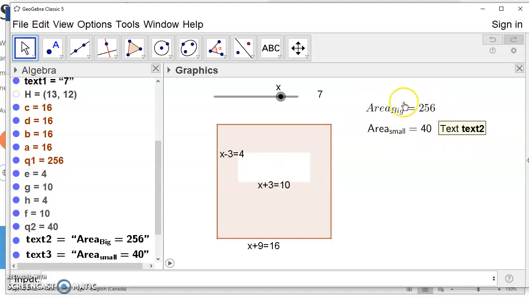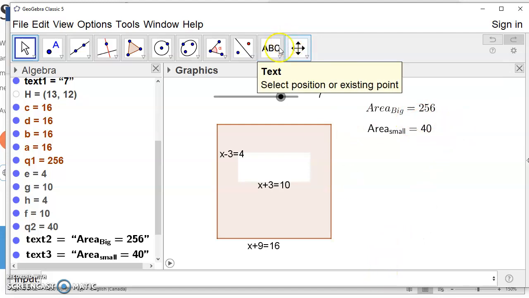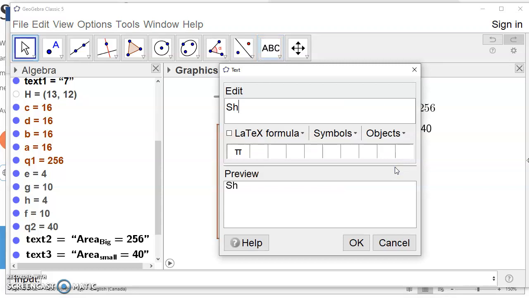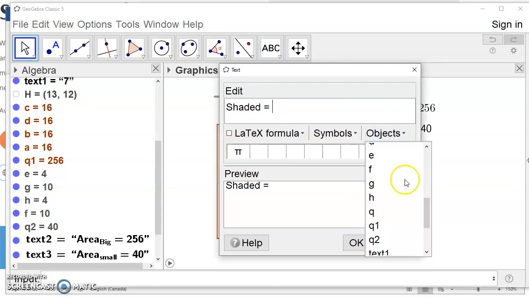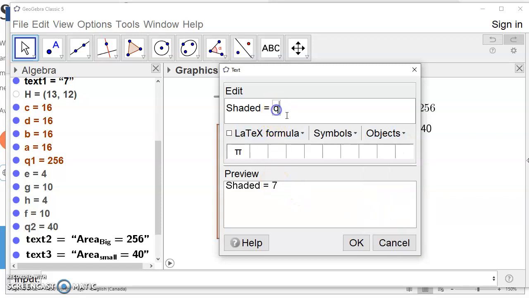The overall area is 216, right? So we'll just do the shaded area, shaded equals, quickly do this, x plus 9 squared minus the small rectangle's area.